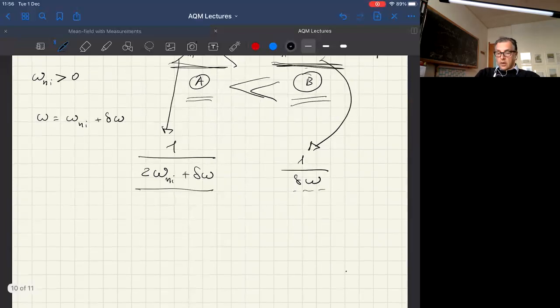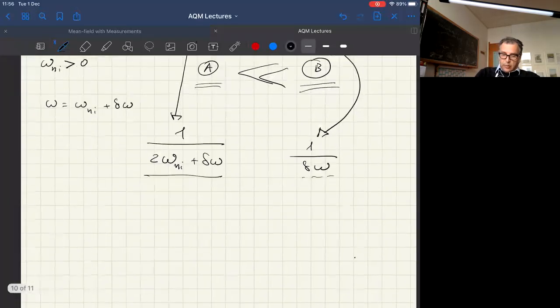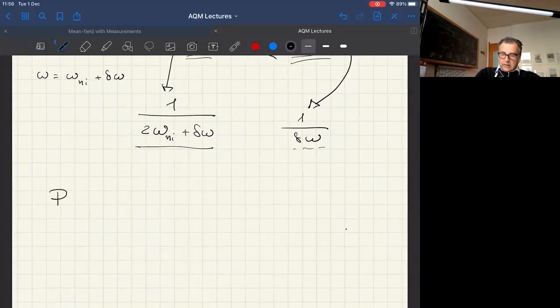Okay. Yes. So if we drop this term, then we can just rewrite this probability in a more compact way. If you are close to the resonance, we just put resonance to indicate that only one term has been considered. This is approximately equal to the modulus of V_ni squared over 4.